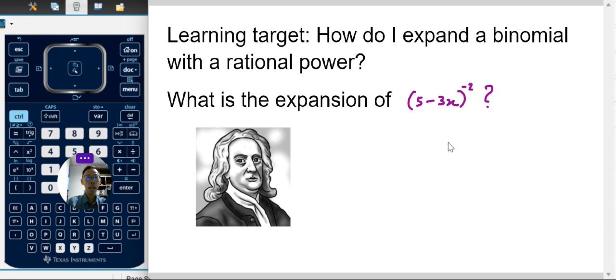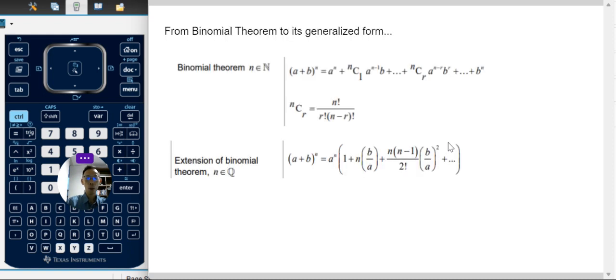So we're going to start by looking at the binomial theorem. This is the binomial theorem that you are aware of in your formula booklet, and nCr here is just rewritten as n factorial over r factorial times (n minus r) factorial. When it's written in this particular form, n here is usually referred to as a natural number.